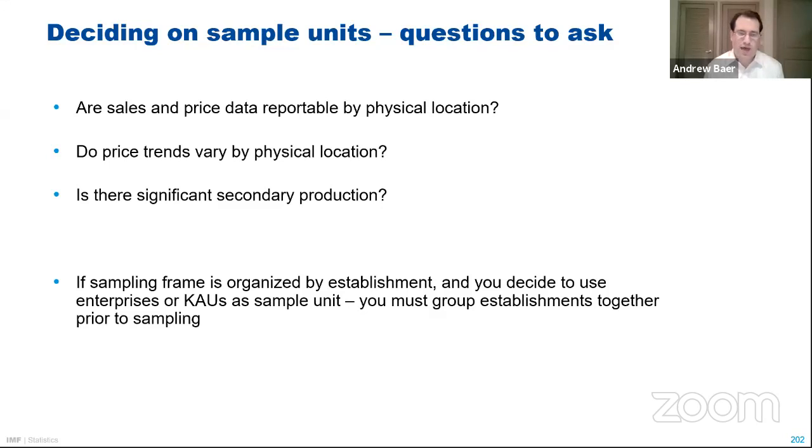And of course, if we do that, that means we might need to make separate collection visits when the same company is selected for different activities. So for your large airlines, you might have a piece of that company that you'll collect for passenger air transportation, and then maybe it's at the same time, or maybe it's at a different time. You create a separate kind of activity unit and then collect that for freight air transportation.